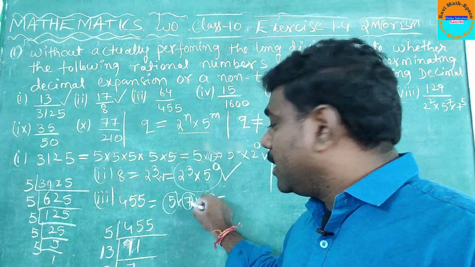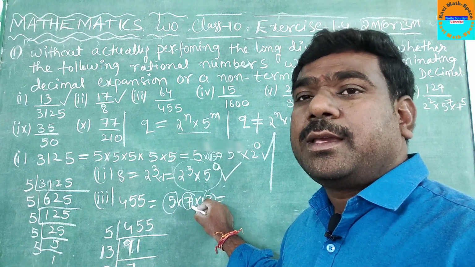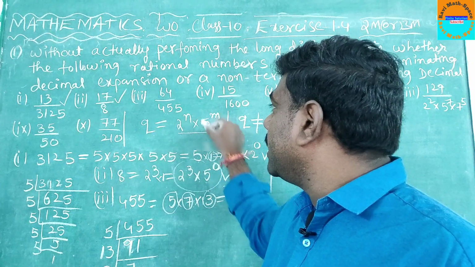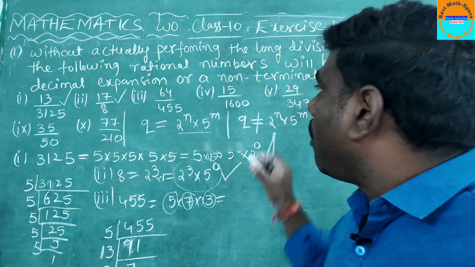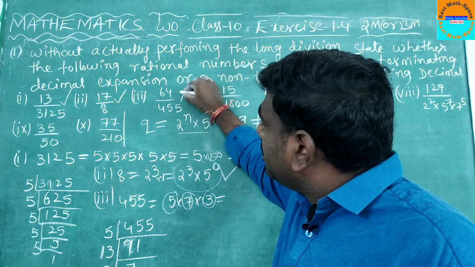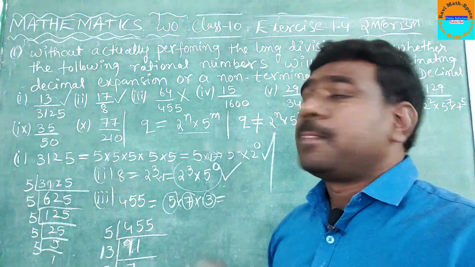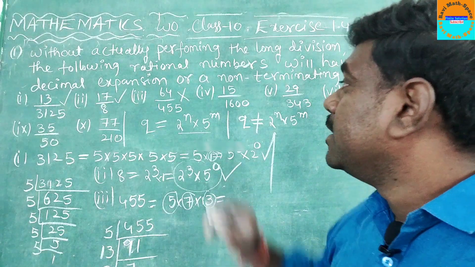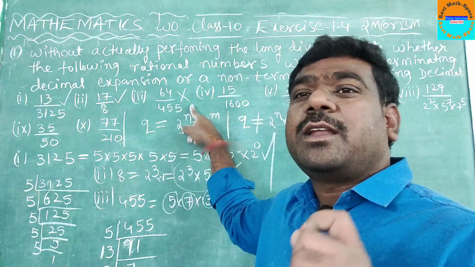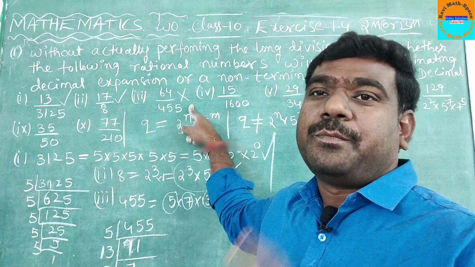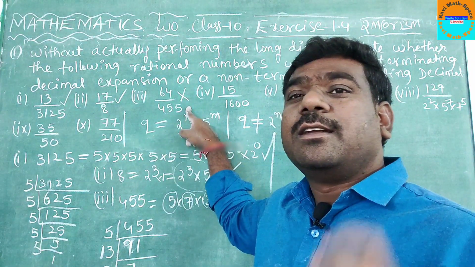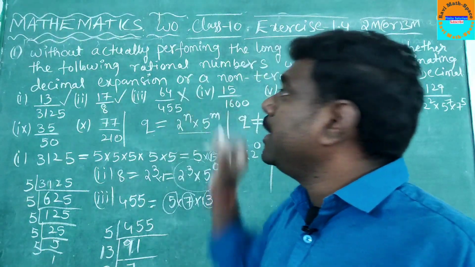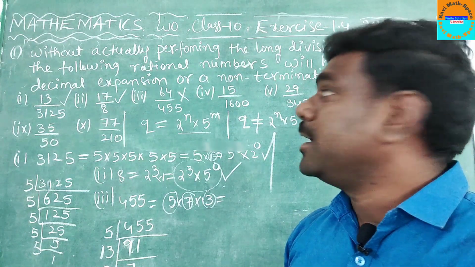When other factors are involved, automatically that is not in the form of 2 power n into 5 power m. So this rational number does not consist of a terminating decimal expansion, but it consists of a non-terminating repeating decimal expansion. Understanding here?